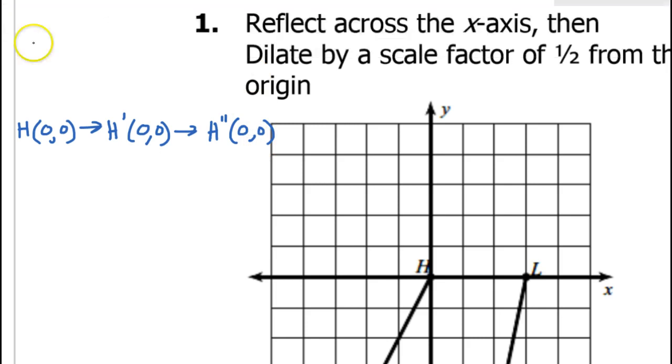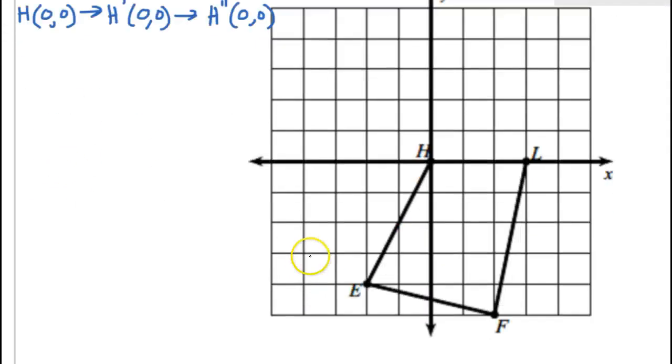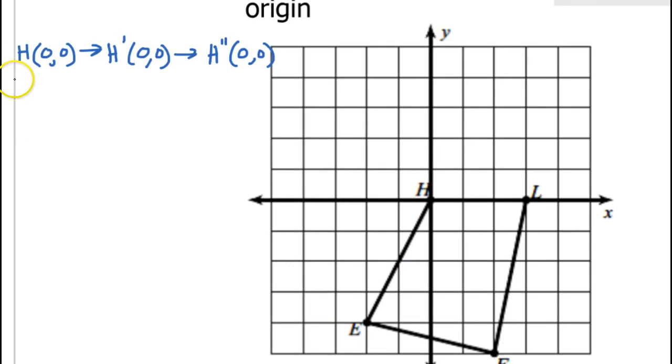Okay, now I feel like switching colors. Now I'm going to do point E. Point E is (-2, -4). Let me fix that so there's no confusion.